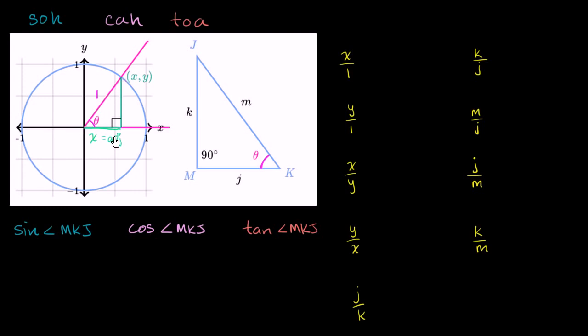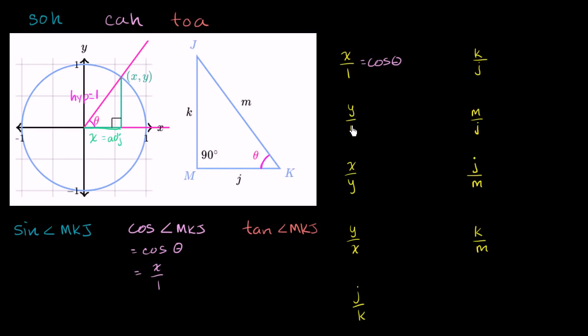So if we apply the SOHCAHTOA definition, x over 1 is adjacent over hypotenuse, and that's cosine. So this is equal to cosine of theta. But theta is the same thing as angle MKJ. They have the same measure. So cosine of angle MKJ is equal to cosine of theta, which is equal to x over 1.